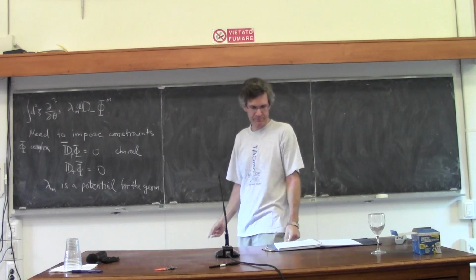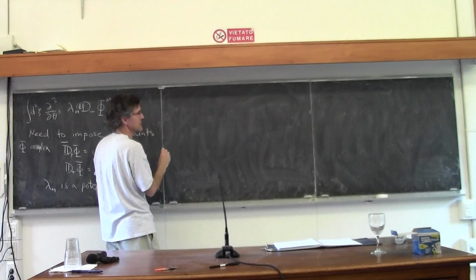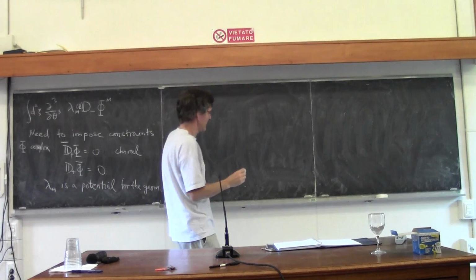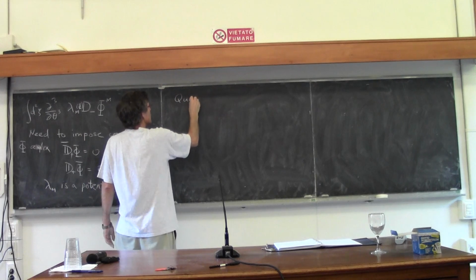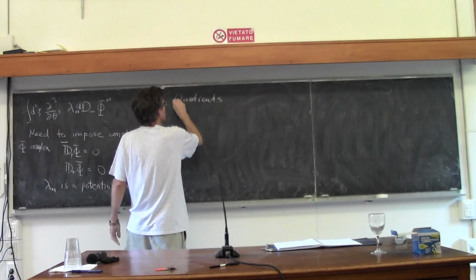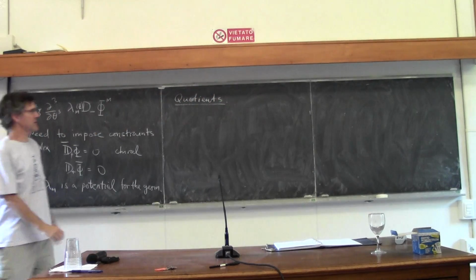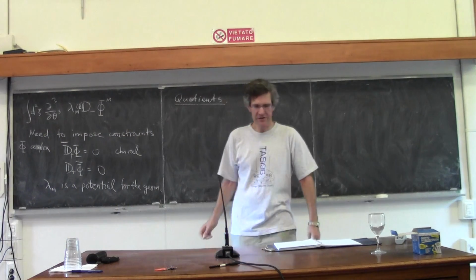So to do that, let me just show you in a very simple way what I mean. So what I want to do is a supersymmetric version of quotients. Okay, what's a quotient?